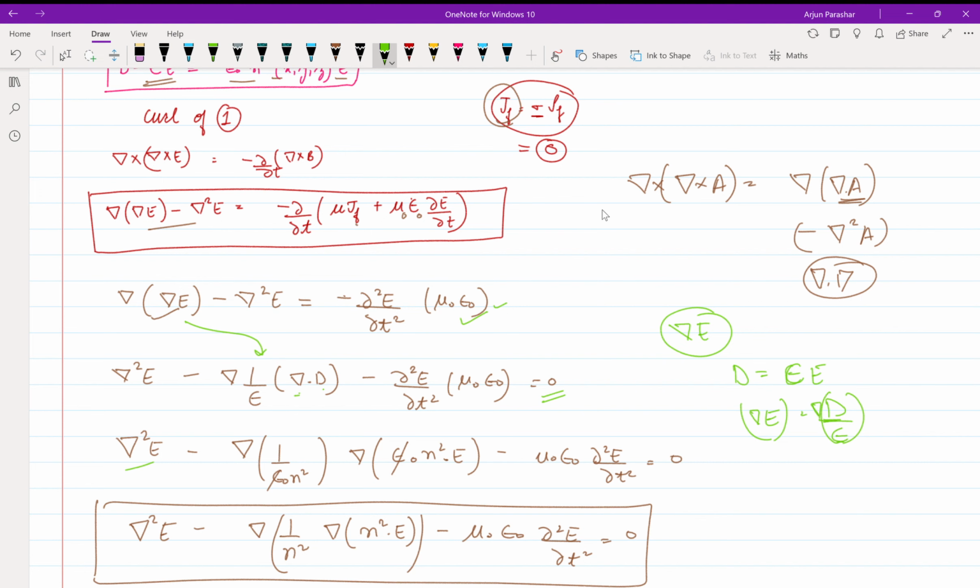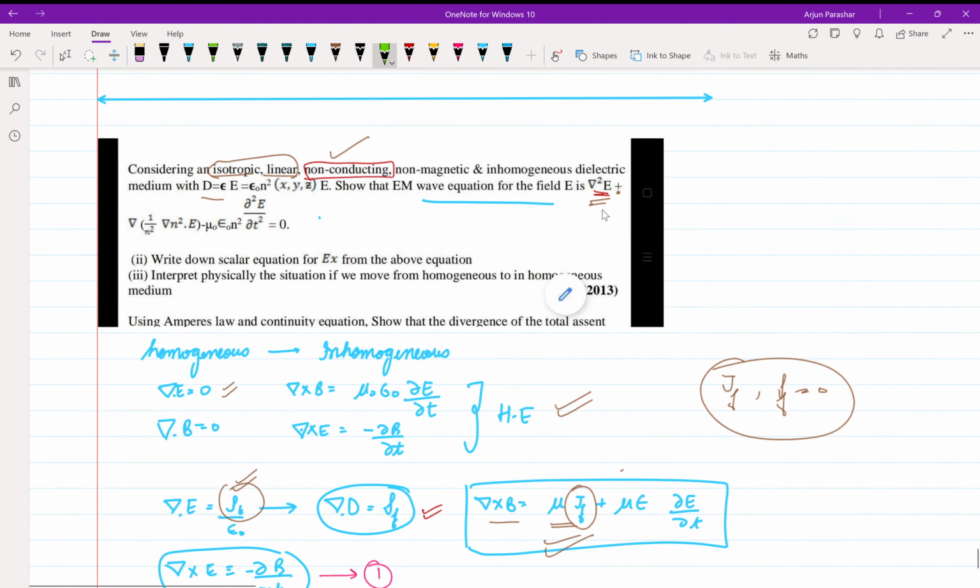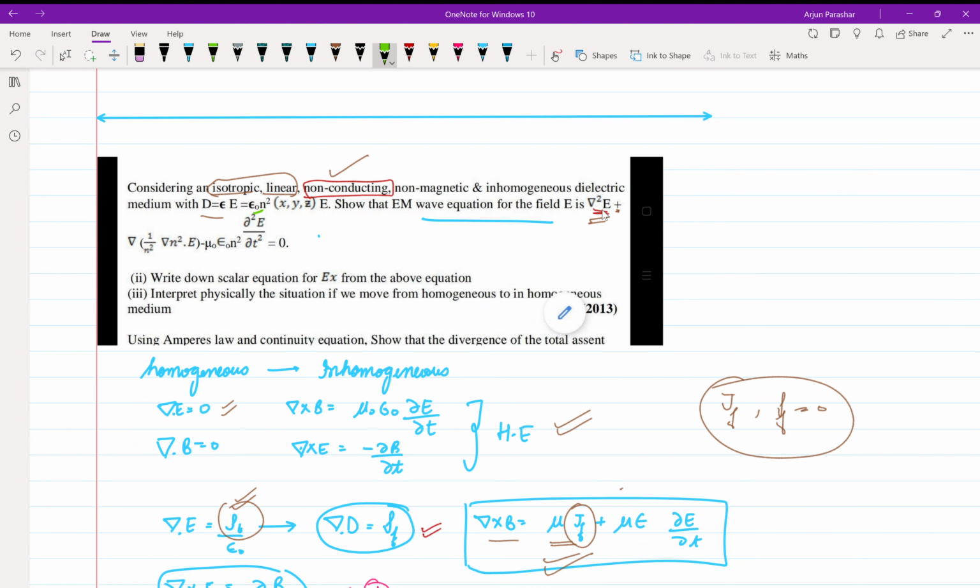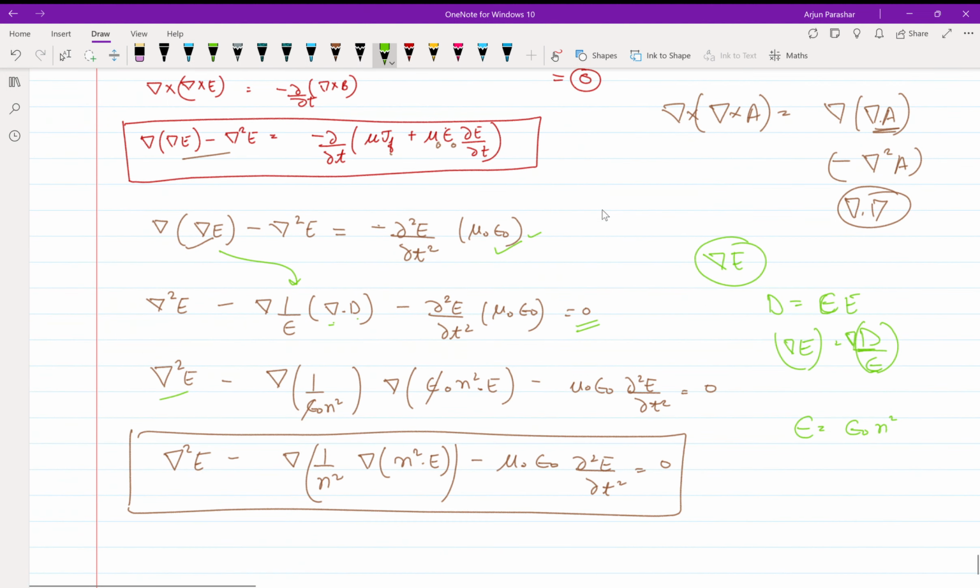It is also simple. Del square E minus, now again look carefully, what is epsilon given? Epsilon is epsilon naught n square, which depends on all three coordinates. And what is D? D is epsilon naught n square E. As n depends on x, y, z, and del is also the differentiation with respect to all three, I hope you know what del is: x i cap plus y j cap plus z k cap. I hope you read it in your mathematical physics course.